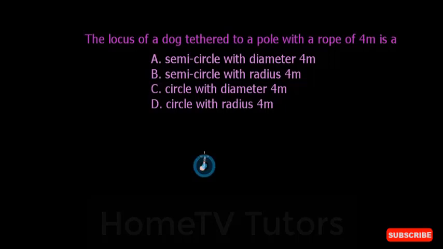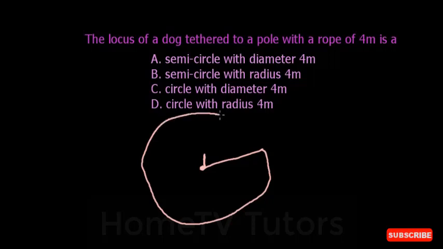If this is the pole where the dog was tied and this is the rope, the dog can only go round in a circle. So, a circle with radius 4m. The answer option is D.